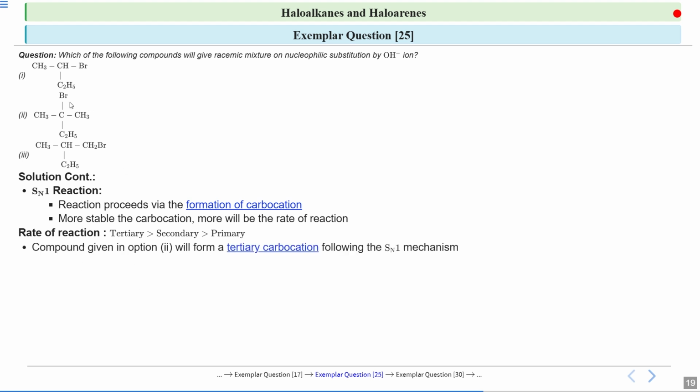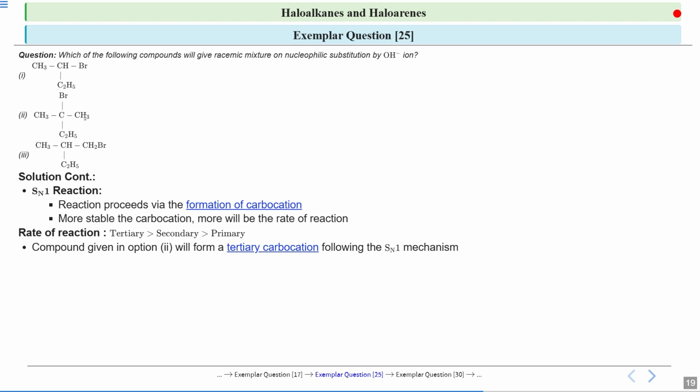Now the compound given in our options, in the second part, is actually a tertiary alkyl halide, which will follow the SN1 mechanism to react via nucleophilic substitution. If you observe the second compound, the bromine is present on the carbon which is attached to 3 other carbons, right? So this is a tertiary alkyl halide.